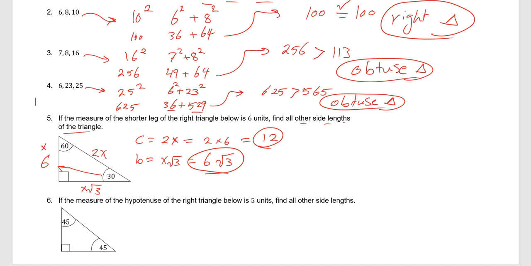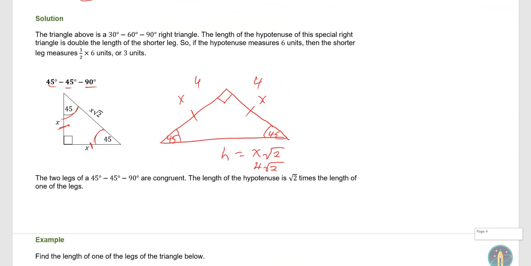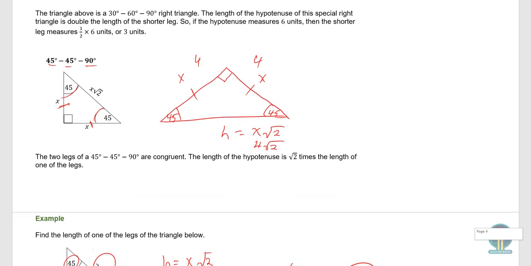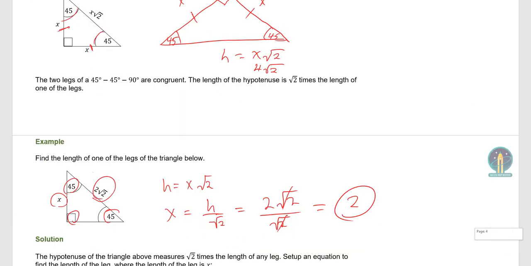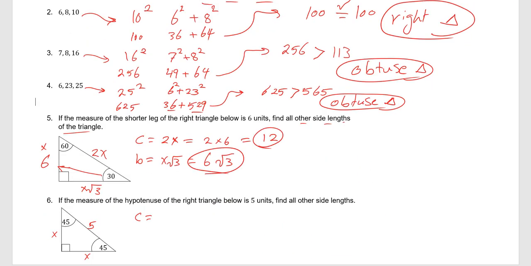Last exercise. If the measure of the hypotenuse of the right triangle below is 5 units, find all other side lengths. So the side lengths are x and x. So the hypotenuse c, as we have up here, is equal to the side x times square root of 2.